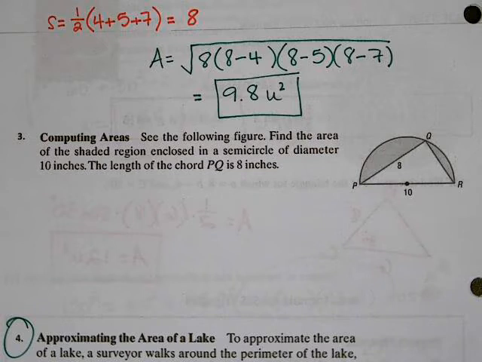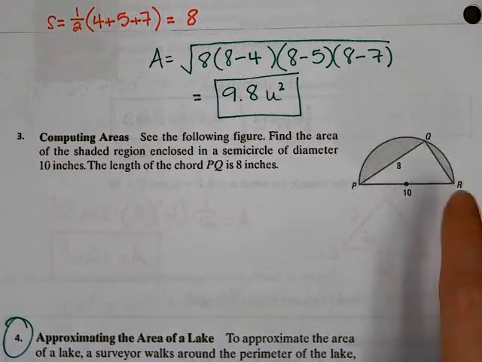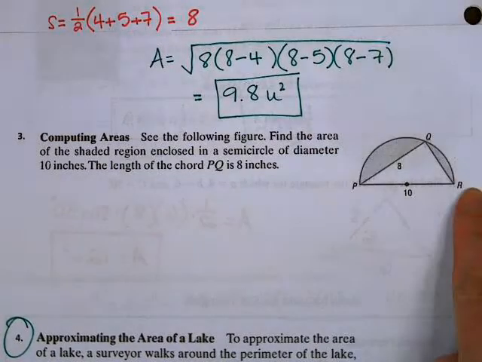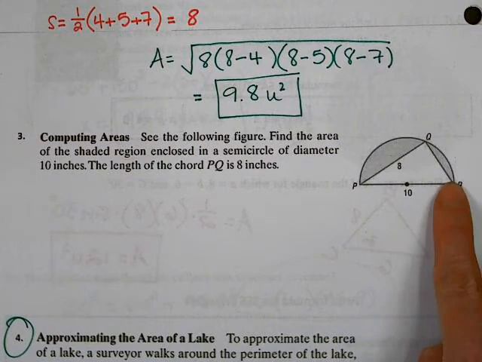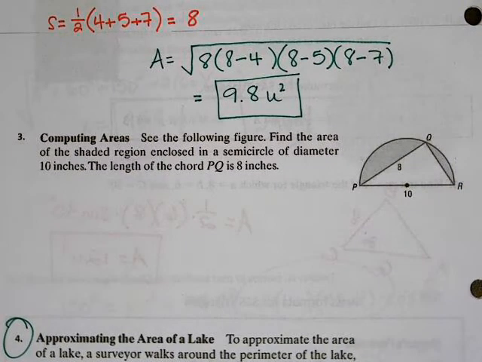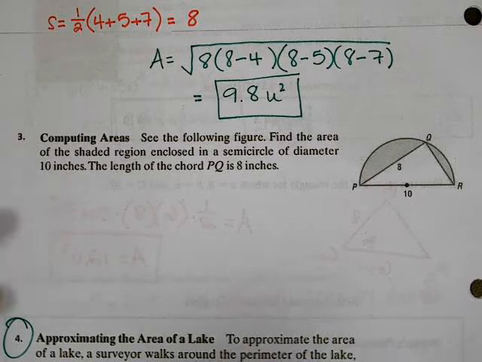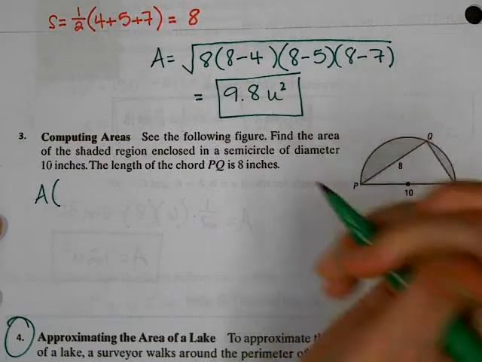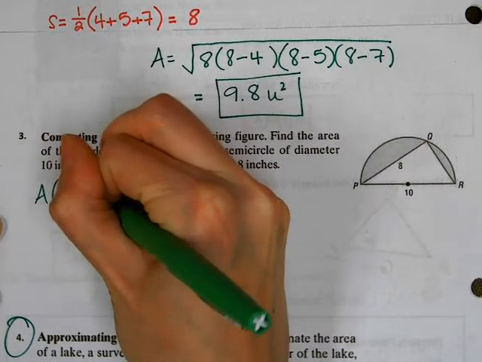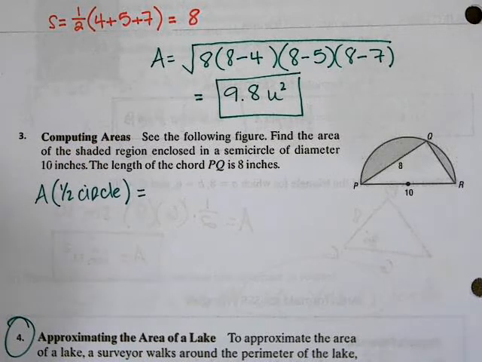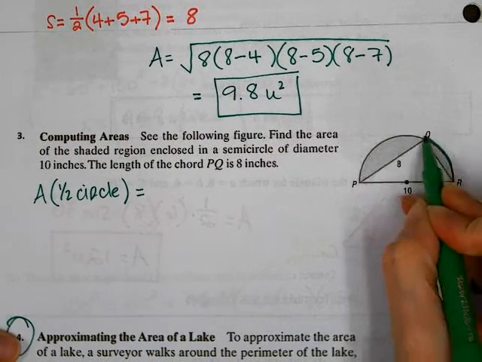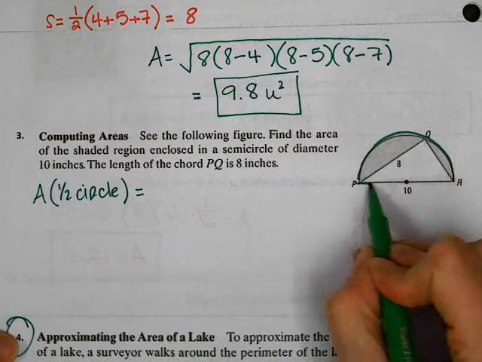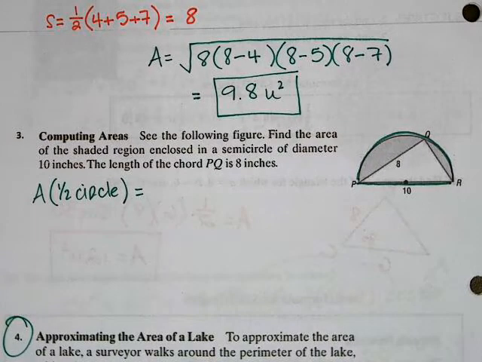A lot of times with shaded regions, it's a good idea to find the area of the big shape and then the area of the inner shape and then just subtract them to get the shaded stuff. So the big shape is a half circle. Let's start by finding the area of this green half circle. You guys know the area of a circle is pi r squared.